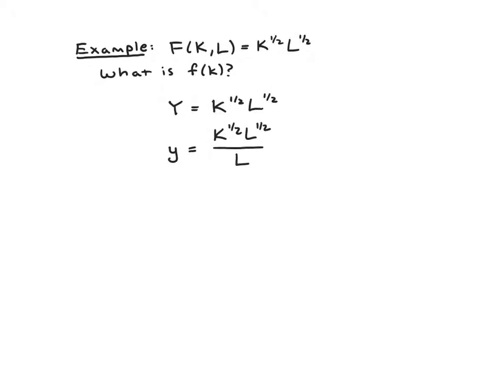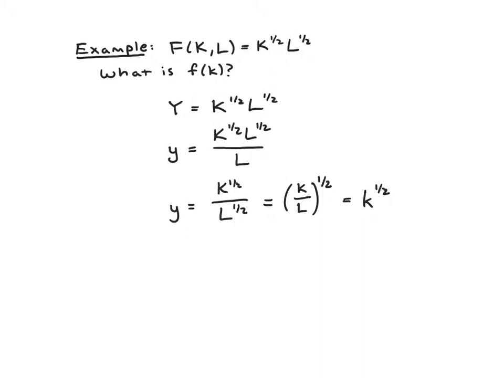There are a lot of different ways to simplify this, but basically you should end up with K to the 1/2 over L to the 1/2. But that's kind of a mess, so couldn't we rewrite this as K over L, put the exponents on the outside and have K over L to the 1/2? But K over L is our little k, so this is really saying it's little k to the 1/2.